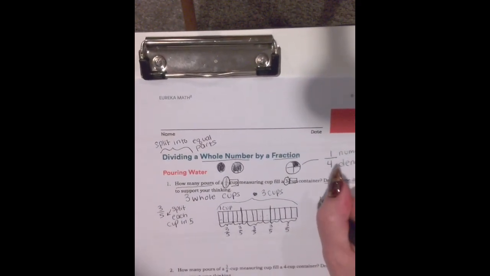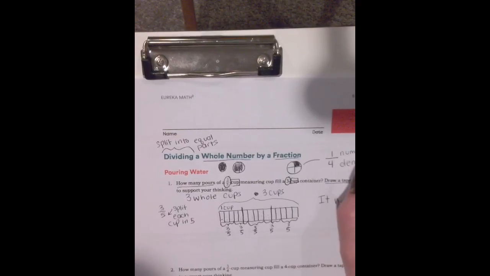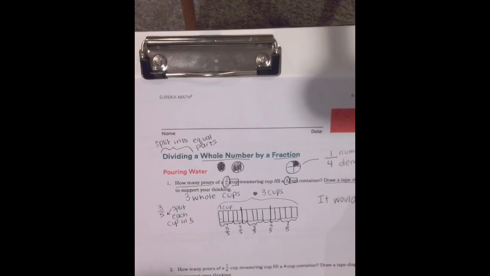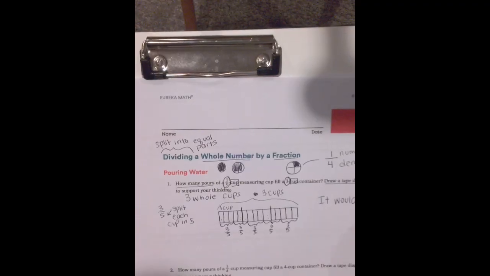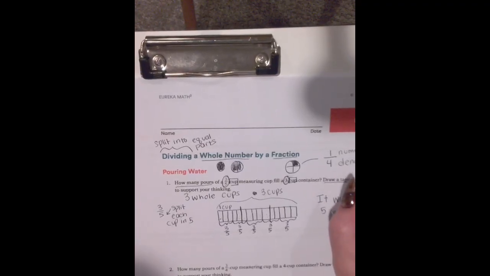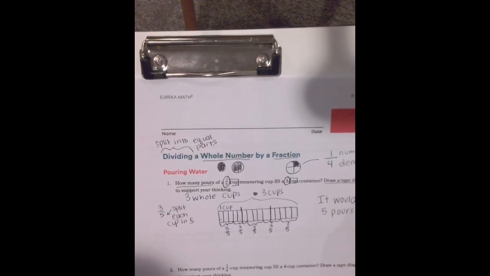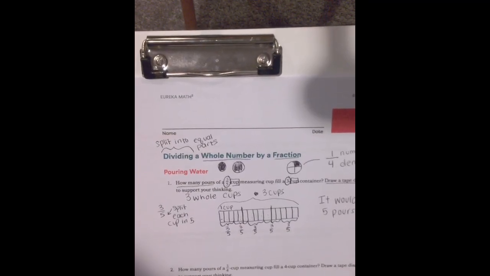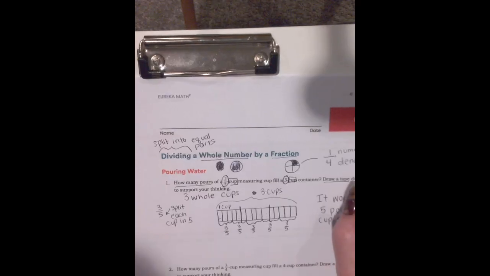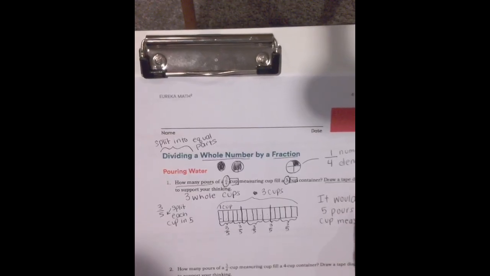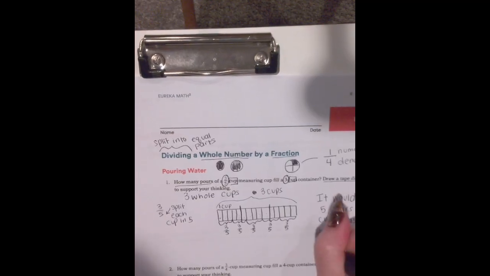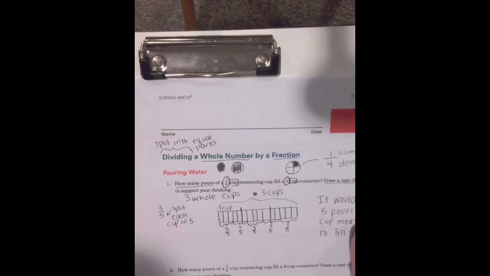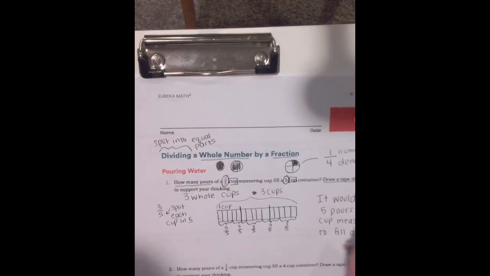So it would take 5 pours of a 3/5 cup measuring cup to fill a 3-cup container.